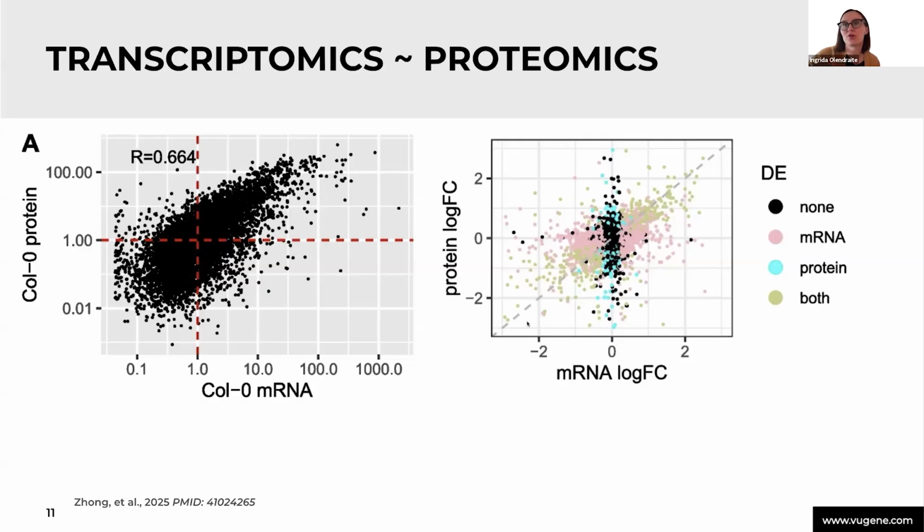And we did the same analysis for our studies, where we look at which differentially expressed RNAs and which differentially abundant translated proteins there are, and if they are statistically significant.